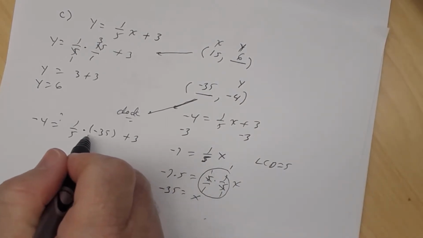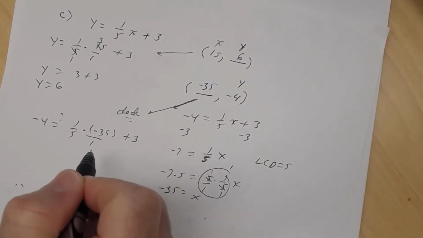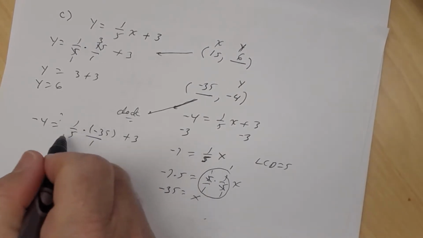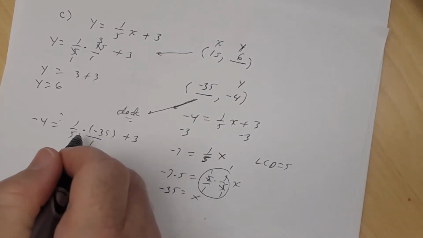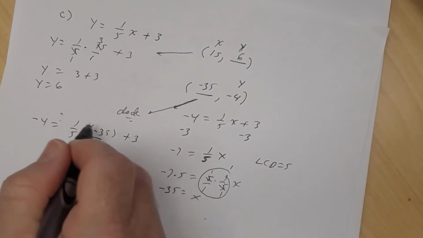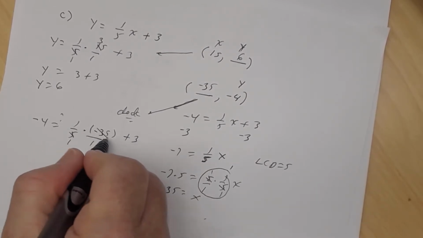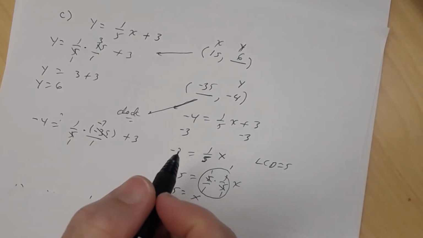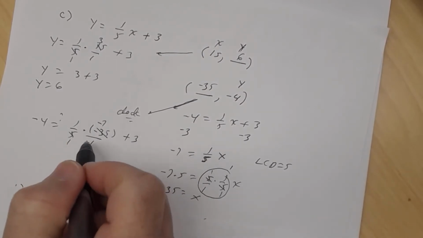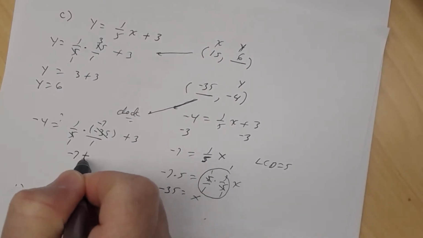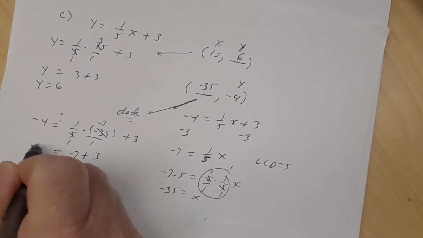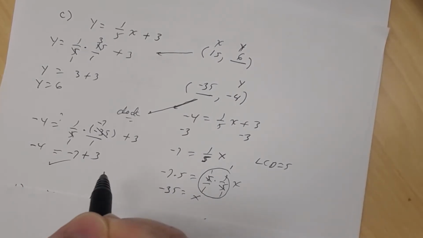What I would do again is just rewrite negative 35 as negative 35 over 1, and then reduce before I multiply these two factors. So 5 into 5 is 1. 5 into negative 35 is a negative 7. 1 times a negative 7 is a negative 7, and I get plus 3. And the question is, is that equal to negative 4? And the answer is yes.